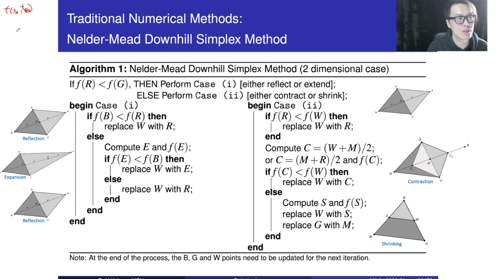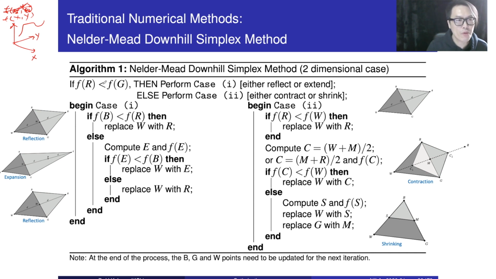In 3-dimensional space, we have x and y, and the z-axis is f. When we talk about a 2-dimensional case, it means we have 2 variables, x and y, and a cost function f. Now we are going to look into details: how do we apply this algorithm, making use of the 4 movements, reflection, expansion, contraction, and shrinking?